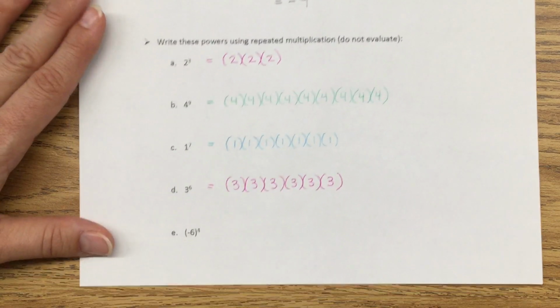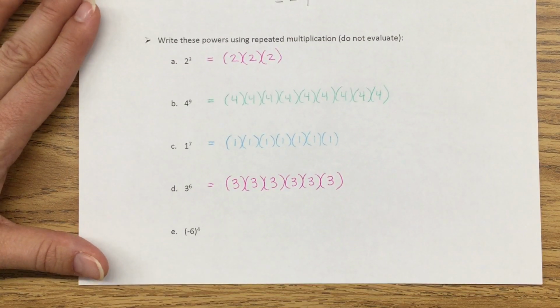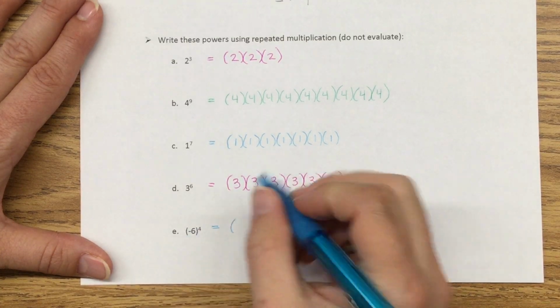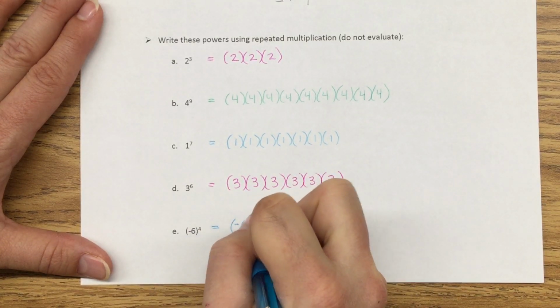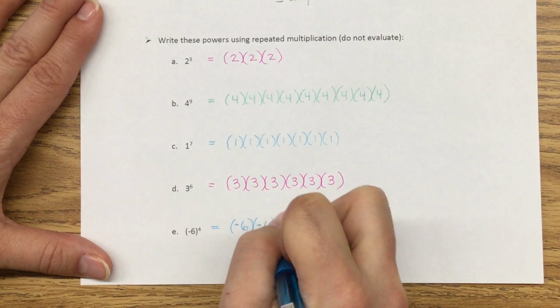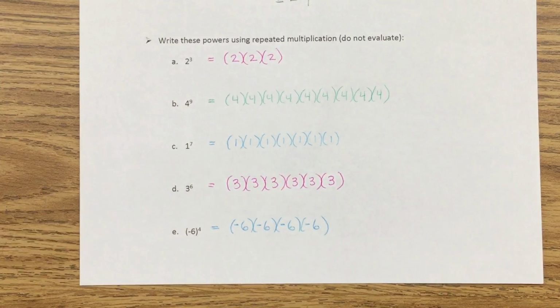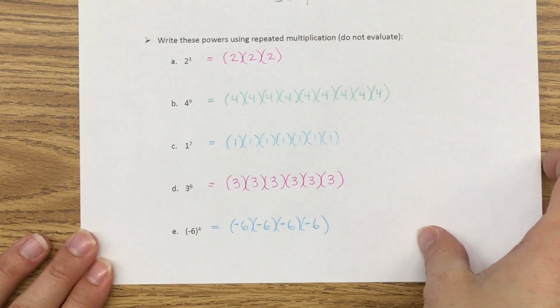And the last one, negative 6 to the 4th. This time, make sure you include the negative because it's inside the bracket. Awesome. I didn't think you would have much difficulty with this. Turn the page.